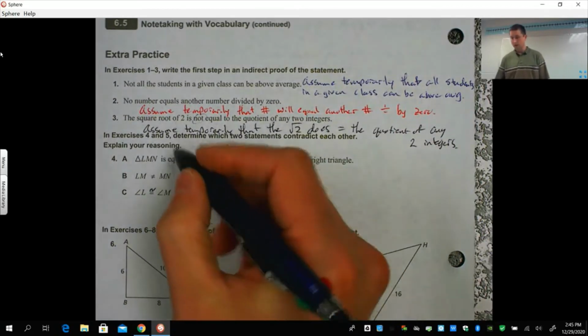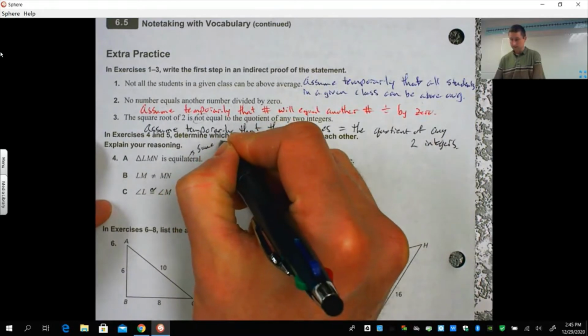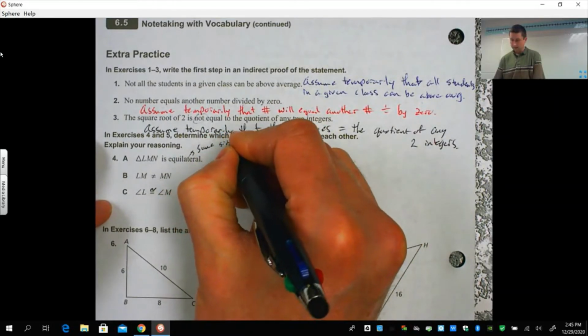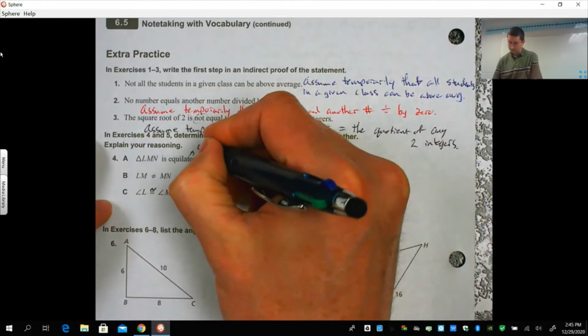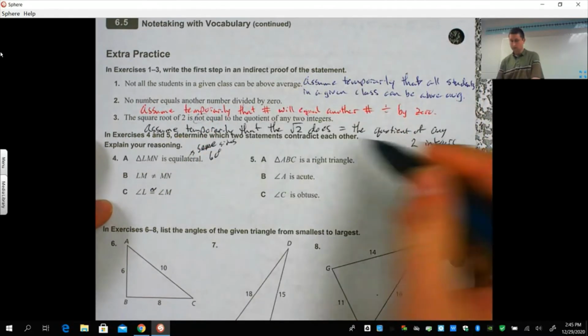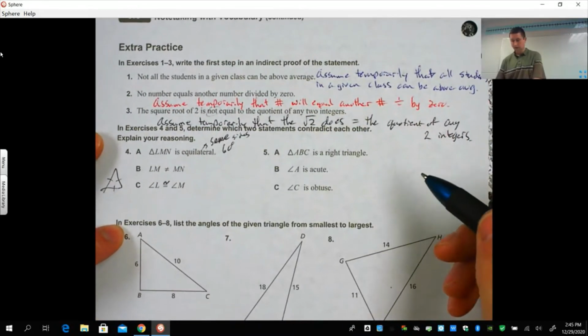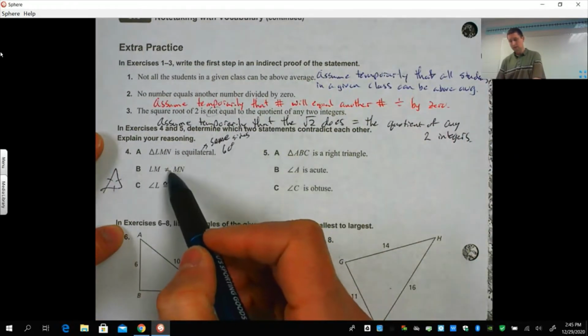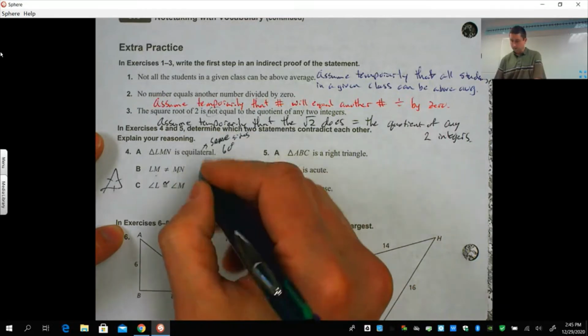Okay, so we know equilateral, they have to have the same sides and all 60-degree angles. So equilateral is something that has 3 equal sides and 3 equal angles. So for B to be two sides not equal, that doesn't work. Okay?